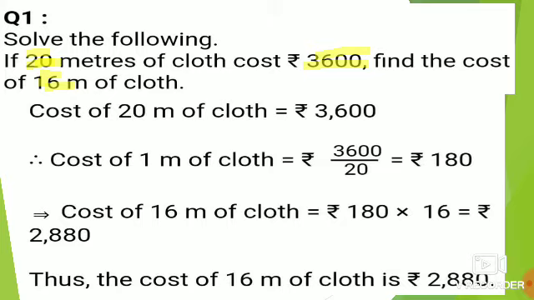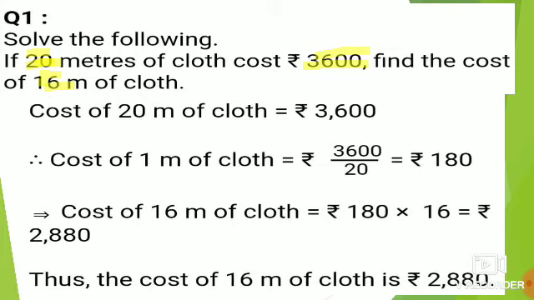So the formula we will write here: cost of 1 meter of cloth is equal to total cost upon the cloth in meters. Total cost is 3600 upon 20 meters. After dividing, you will get 180. So this is the cost of 1 meter of cloth.